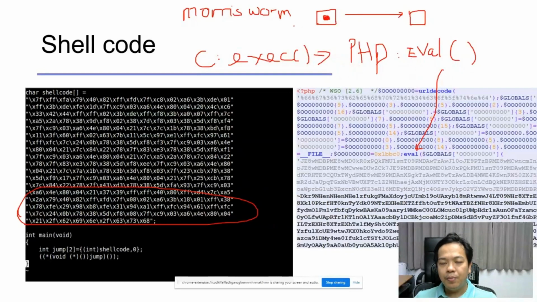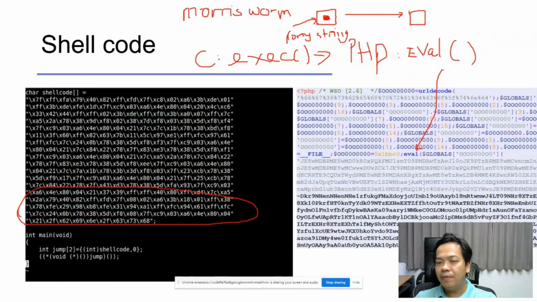How does it inject? They exploit buffer overflow. Actually, the Morris worm only sends a very long string to this computer.